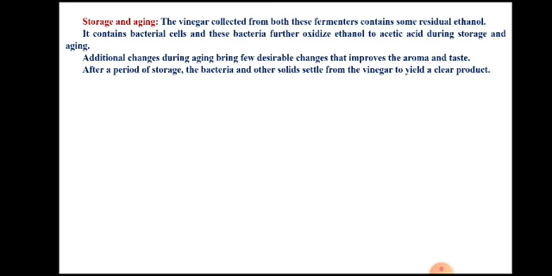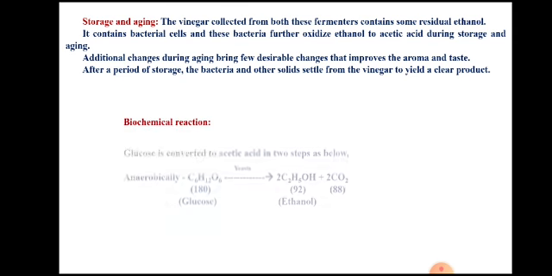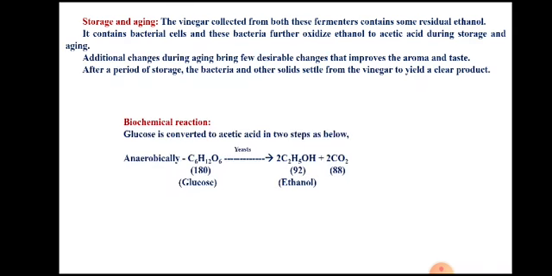The biochemical reaction involved in vinegar production, that is acetic acid production, is as follows. In the first step, glucose is converted to ethanol. This reaction is anaerobic, as we have already discussed in ethanol fermentation.